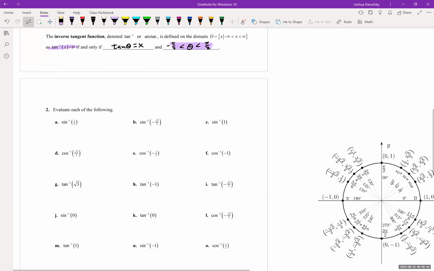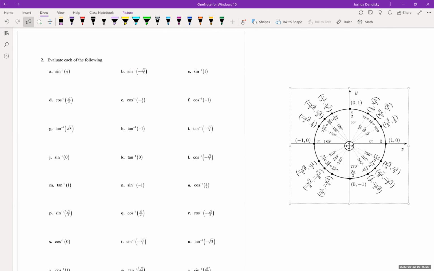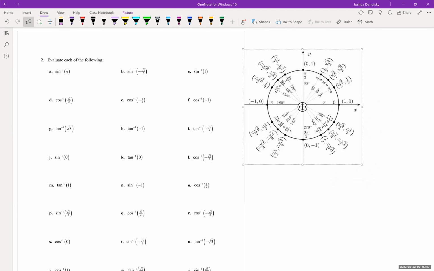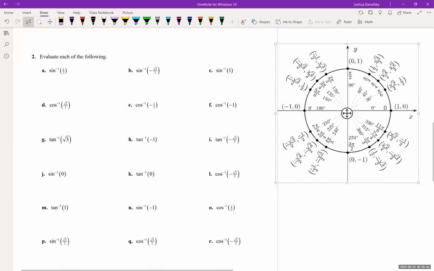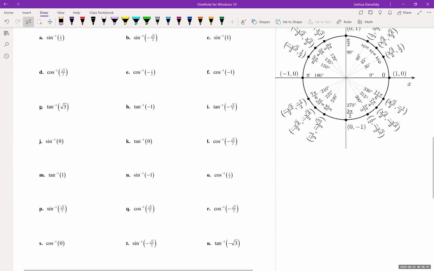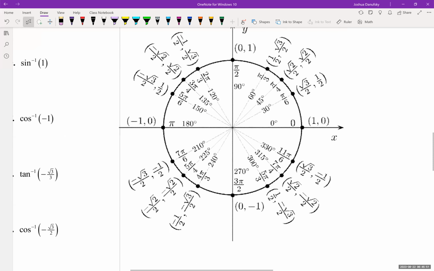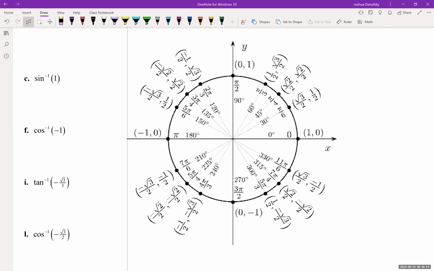We need to be able to evaluate these guys. And so what I've done here is I have included a nicer, easier to read unit circle, okay? But of course, it's got some problems with it if we're going to use it for inverse trig functions.